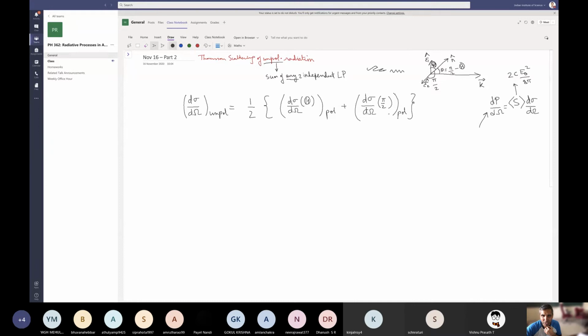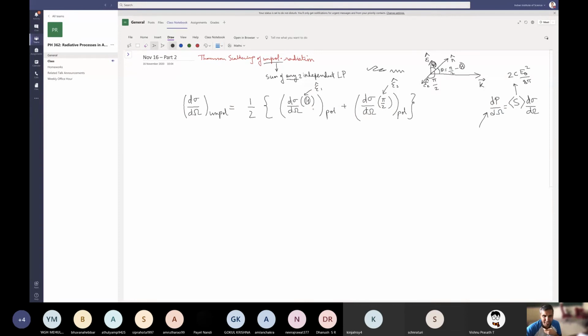So this corresponds to epsilon 2 hat polarization in that direction, and this is the sum of the two powers. So that's why you have this 2 coming here. So it's half of this cross section plus this cross section. Is this clear?